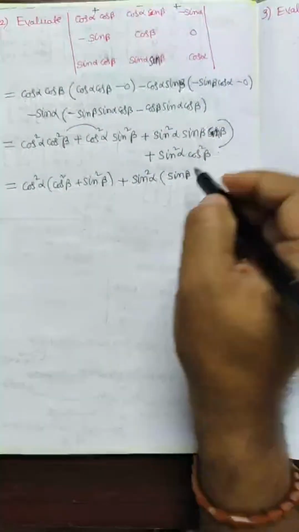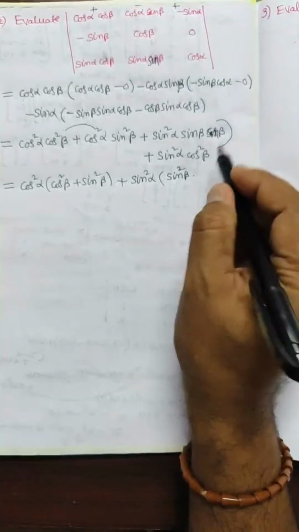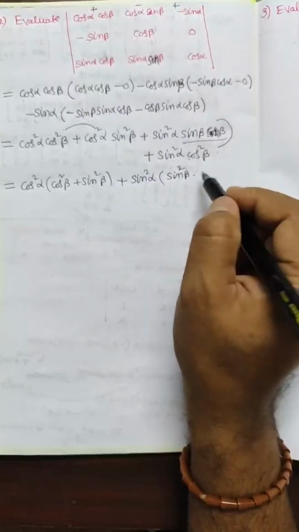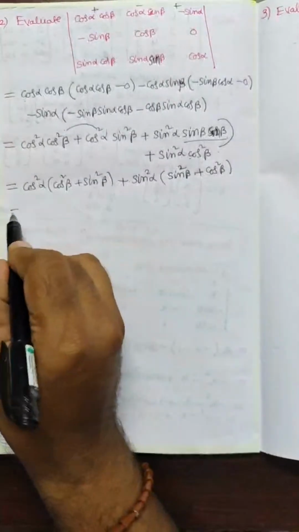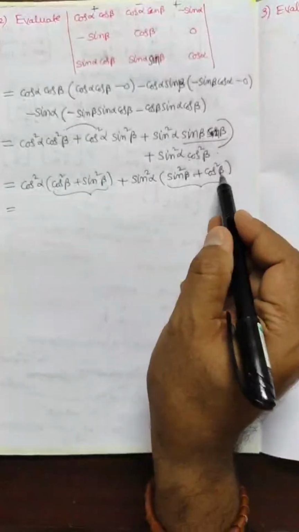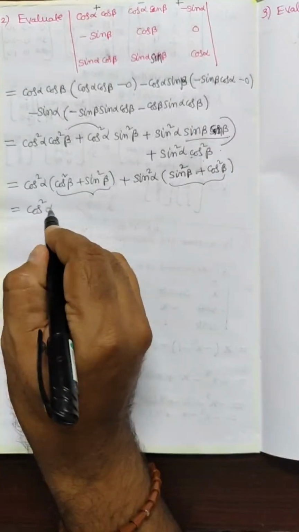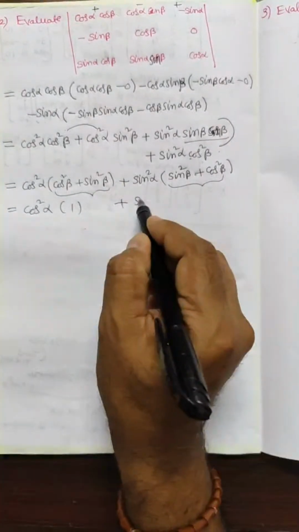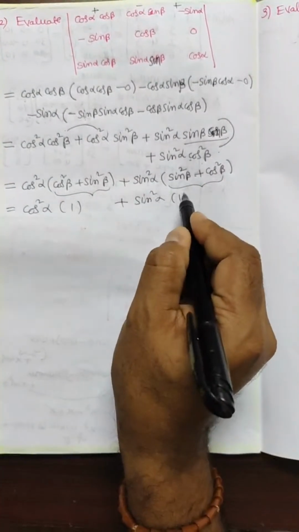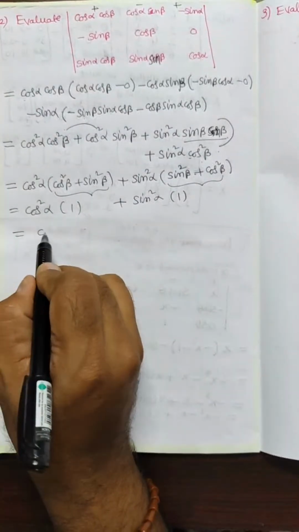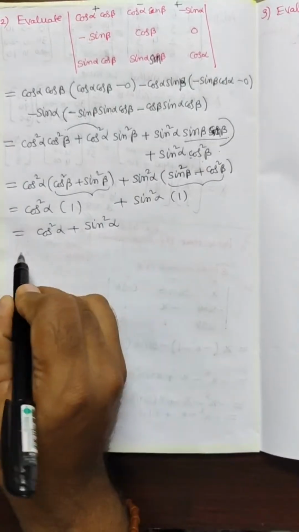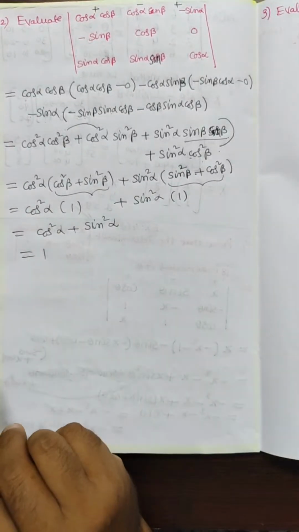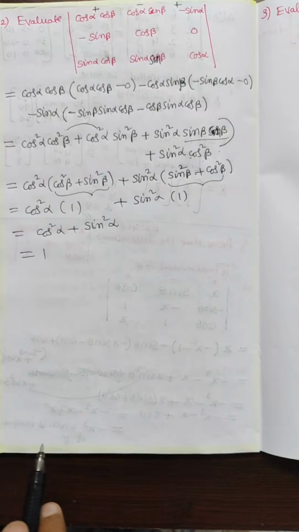Here it is sin square beta plus cos square beta. So which is equal to, this value is 1, cos square alpha into 1 plus sin square alpha into 1. So which is equal to cos square alpha plus sin square alpha, that is equal to 1. Therefore, the given determinant value is equal to 1.